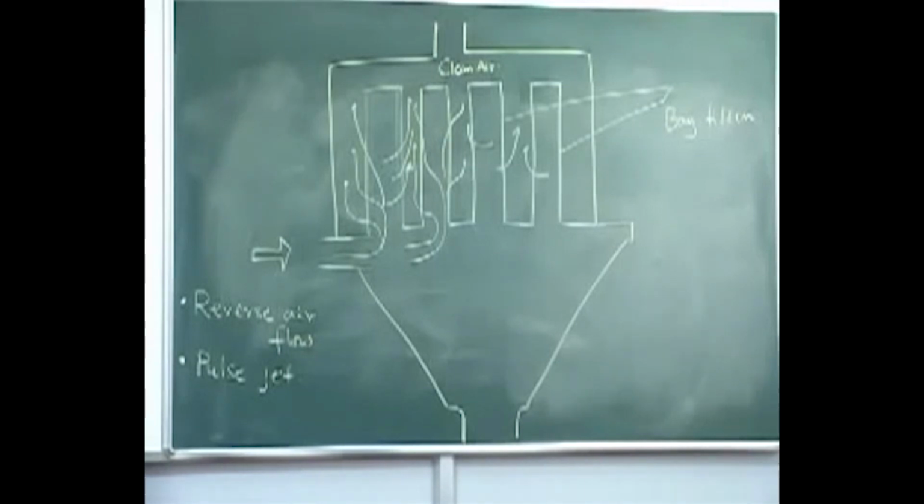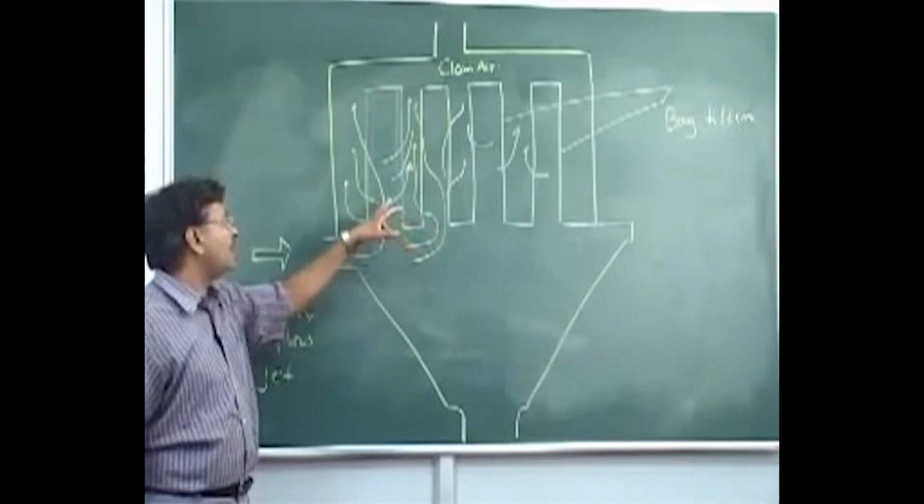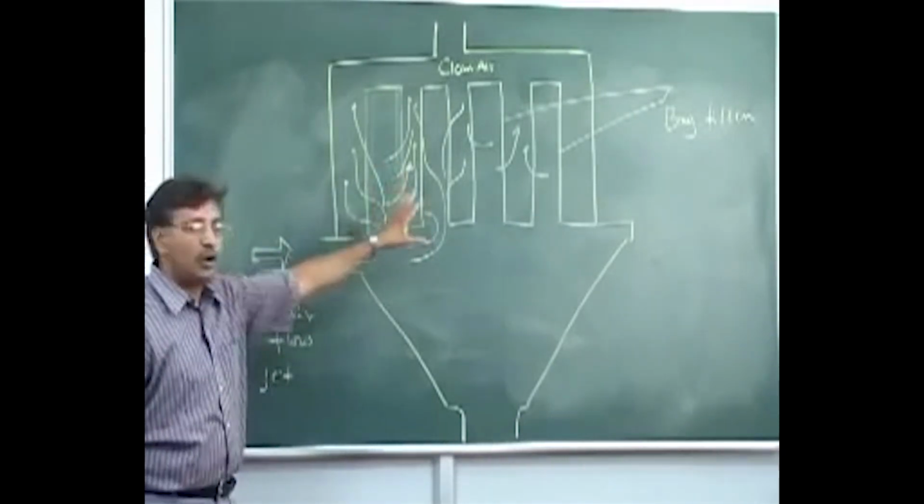The dust falls into this one, and that is how you can do it. An important thing: with the latest designs, everything is basically in parallel. So if something is going wrong here, you would have to stop the whole thing.